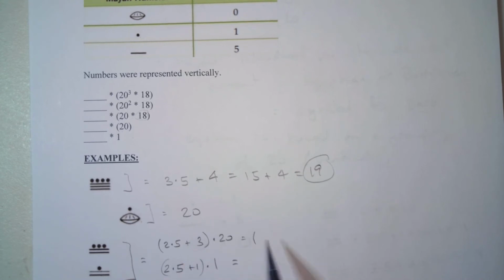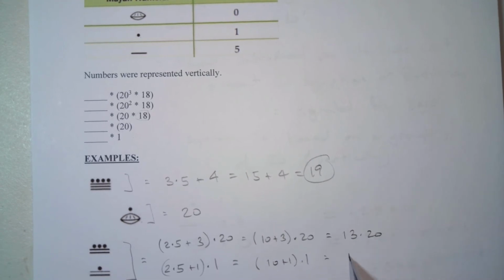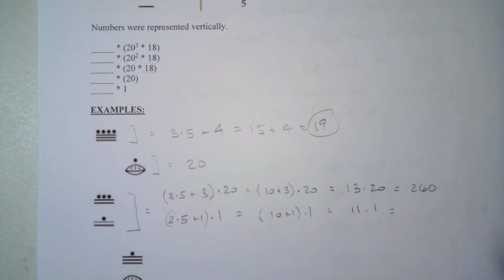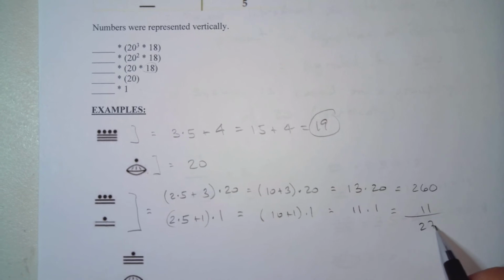So it's 2 times 5 is 10, plus 3 times 20. 2 times 5 is 10, plus 1 times 1. 13 times 20, 11 times 1. 260, 11. Add those up, you get 271.